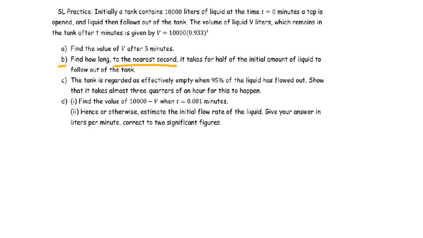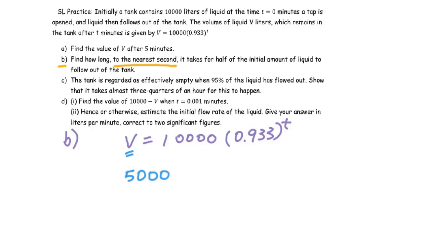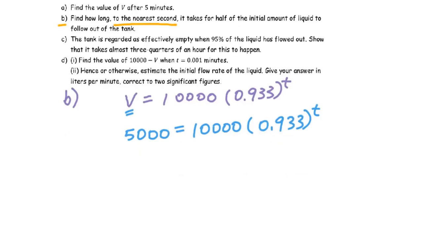In other words, for V equals 10,000 times 0.933 to the t power, we know this V will be 5,000, equals 10,000 times 0.933 to the t power. So we solve this equation first.